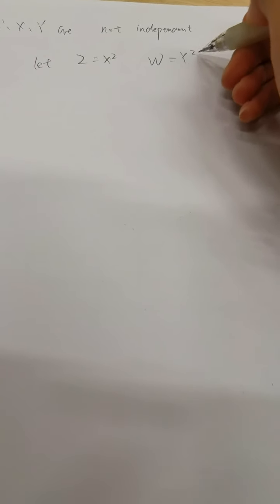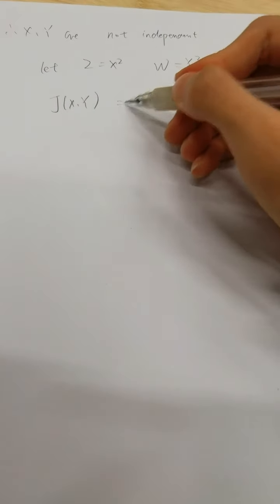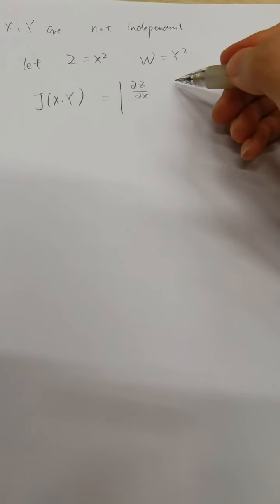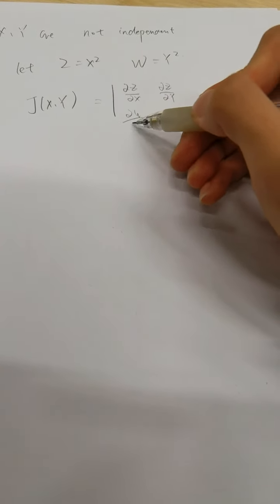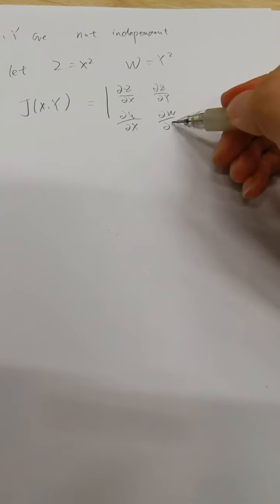For the next one, we find the joint density function of X squared and Y squared. So first of all, I want to let Z equal X squared, W equal Y squared. After that, we can calculate g(x,y), which is equal to taking the derivative of x from the Z function, the derivative of y from the Z function, the derivative of x of the W function, and the derivative of y of the W function.